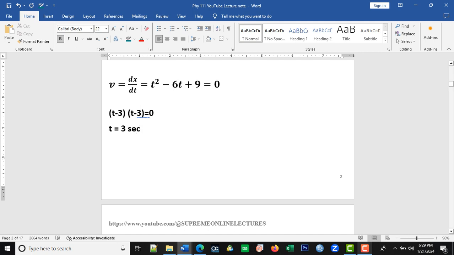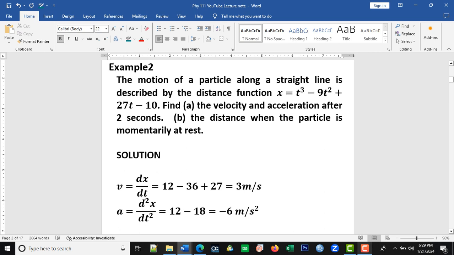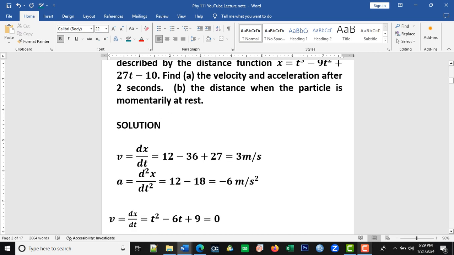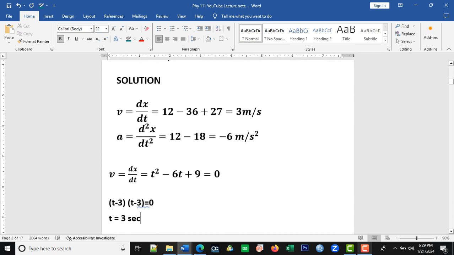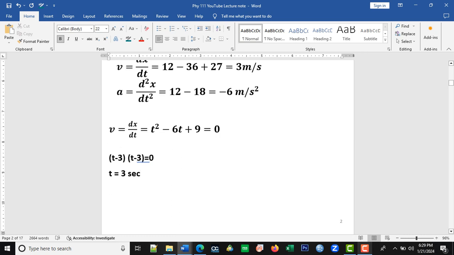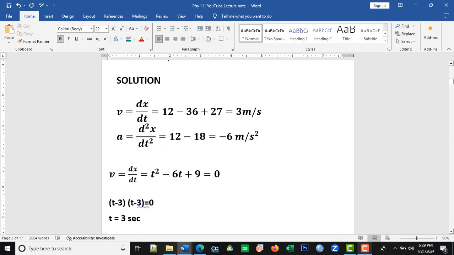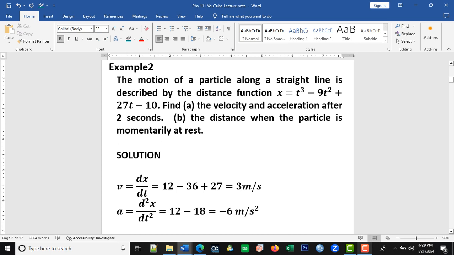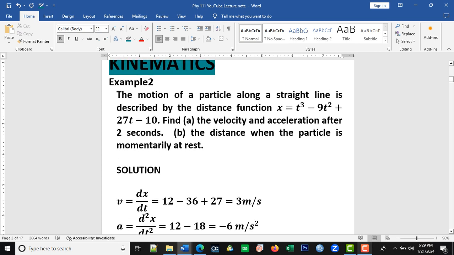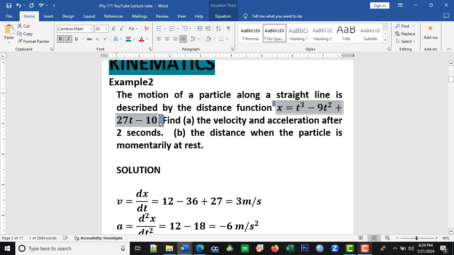But the question said we should find the distance when the particle is at rest. So by setting v equal to 0, it gives us the time. We are now going to substitute the time into the function for the particle, which is the x here. So let me take this down.